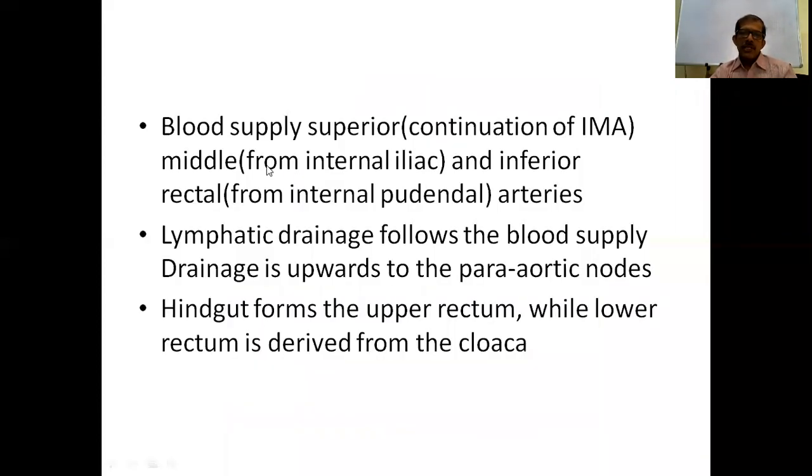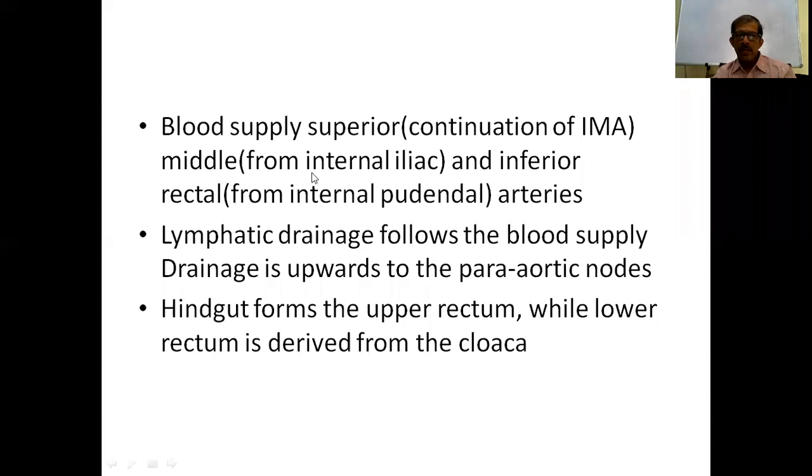So now, what is the blood supply? The inferior mesenteric artery will continue as the superior rectal artery. Here don't get confused. It is inferior mesenteric but superior rectal artery. This is a single artery, whereas the next two are double arteries.